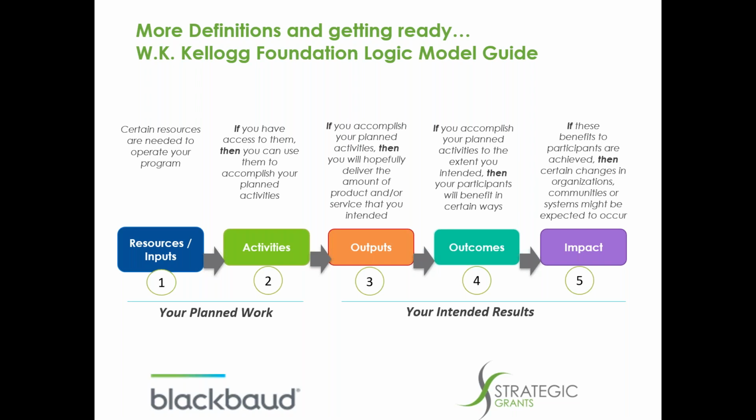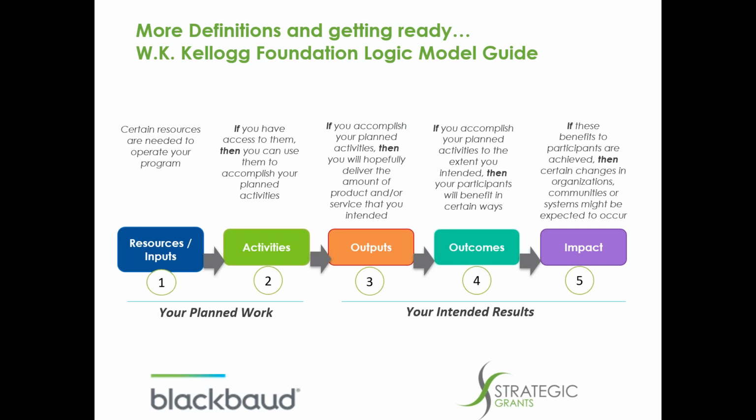So looking at the example here, our inputs are all of the resources that we need to make the program happen. So that's going to be human, financial, etc. Your activities are your actual strategies that you're going to have to implement to arrive at the outputs. The outputs are generally quantifiable.